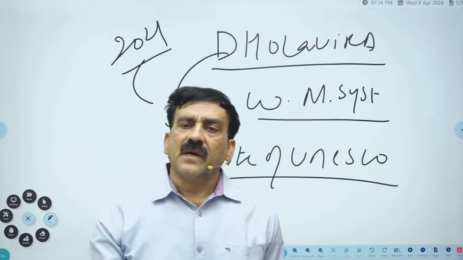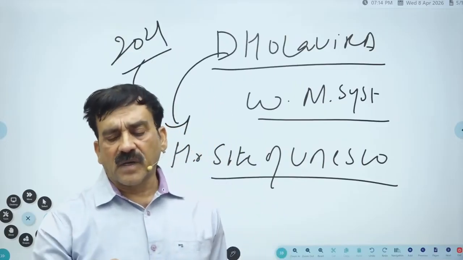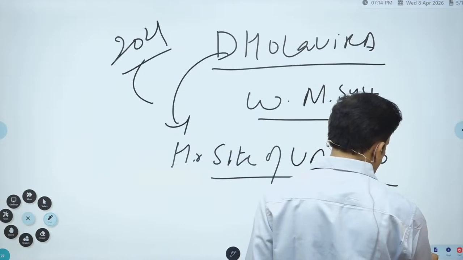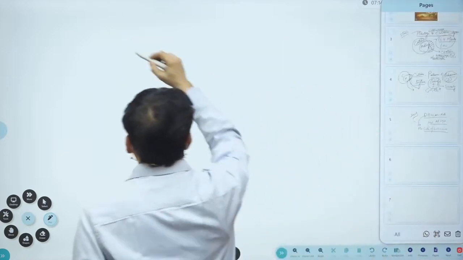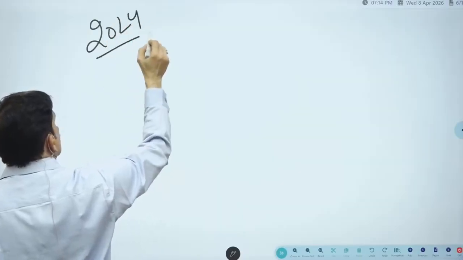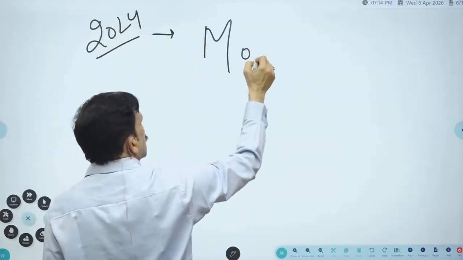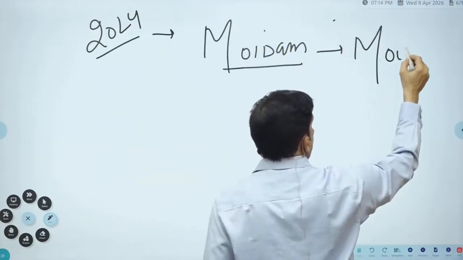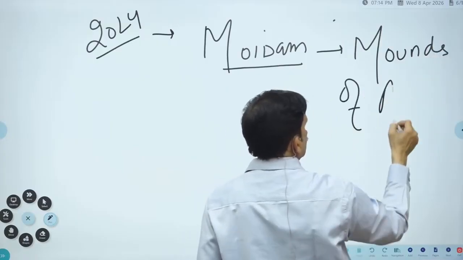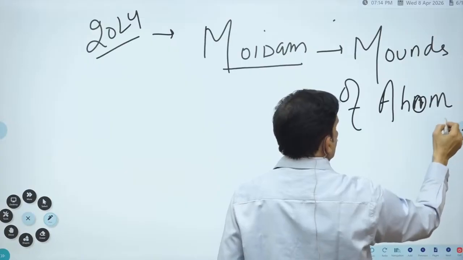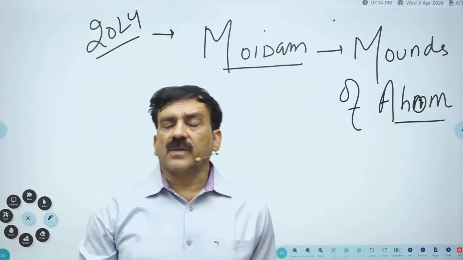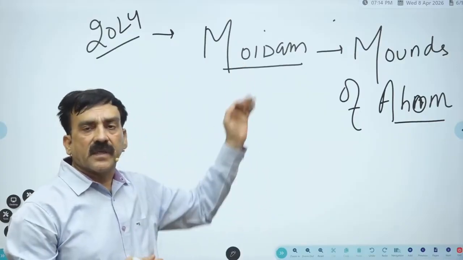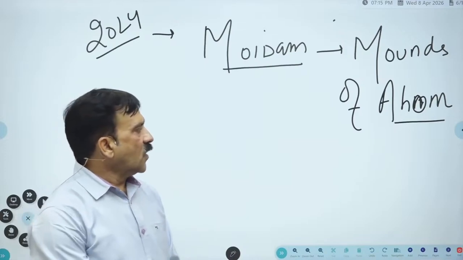And recently, in 2024 and 25, you will come to know that in 24 UNESCO declared the Moidams, which are burial mounds of the Ahom dynasty.